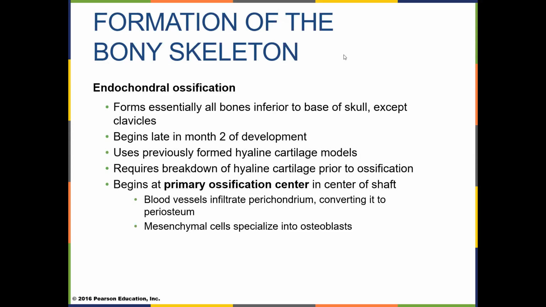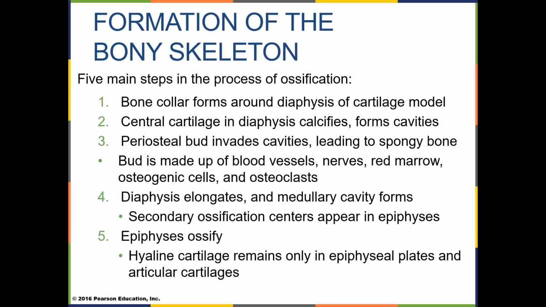The primary ossification center is where we start. We're going to build spongy bone, and then we're going to build compact bone. We're going to have osteoblasts building out the matrix. And this process is going to continue in our long bones. We form what's known as a bone collar, a ring around the middle of like our femur, one of the shafts there.